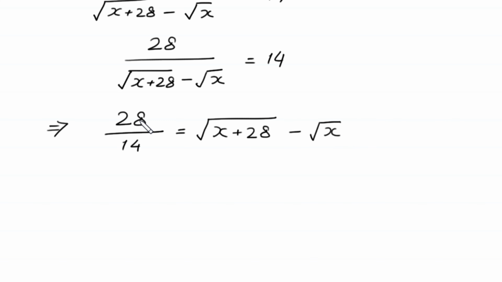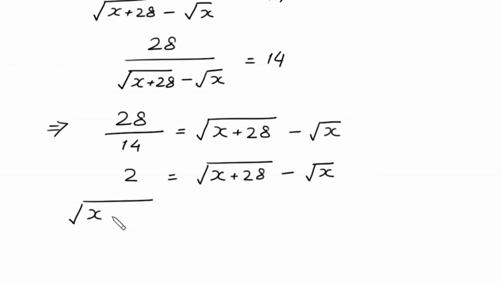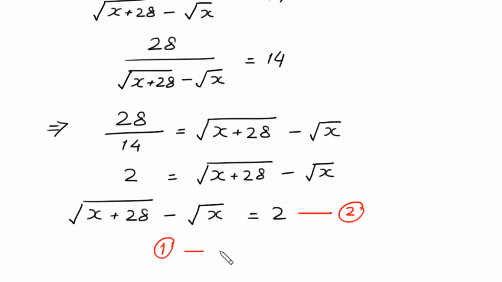Now this 28 divided by 14 is 2, equal to square root of x plus 28 minus square root of x. Now we write this expression at the left side and this 2 at the right side. Square root of x plus 28 minus square root of x is equal to 2, and we name this equation equation 2, and we subtract equation 2 from equation 1.